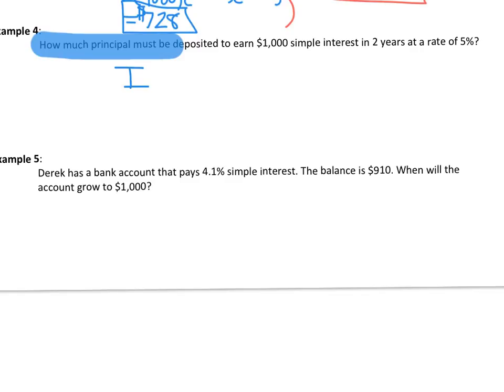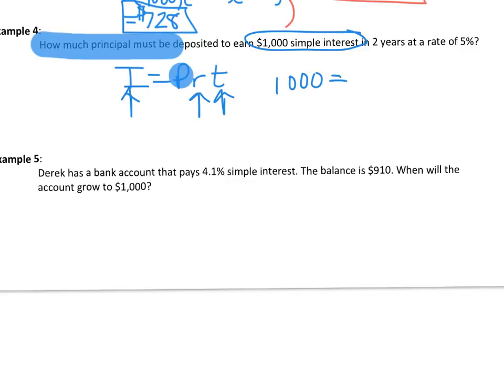When you're doing I = PRT, it's looking for P. Well, it does give us the interest, $1,000 in simple interest. So I is 1,000. P we don't know. R is 5%, so 0.05. Time is 2 years.